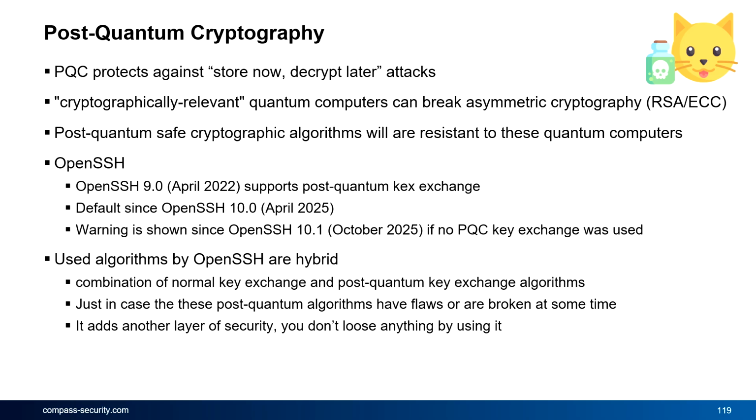So even if there would be a flaw or implementation failure in this, you would still have the same security level as you would have without these post-quantum algorithms. So in the end, it just adds another layer of security, but you don't lose anything.